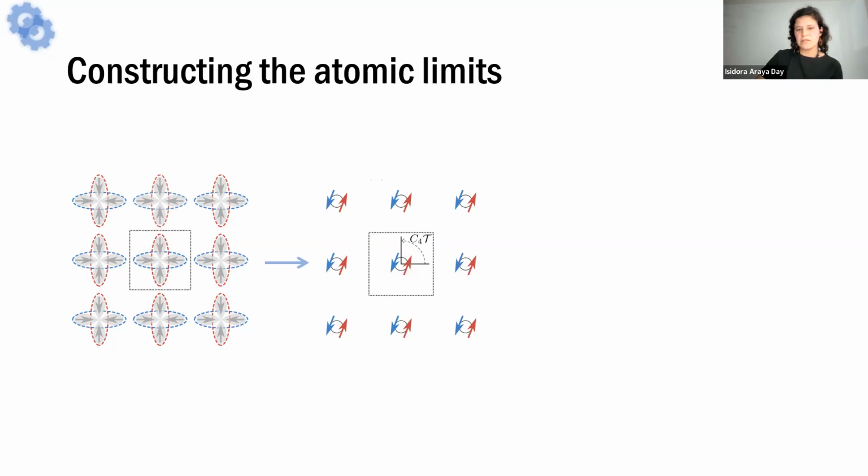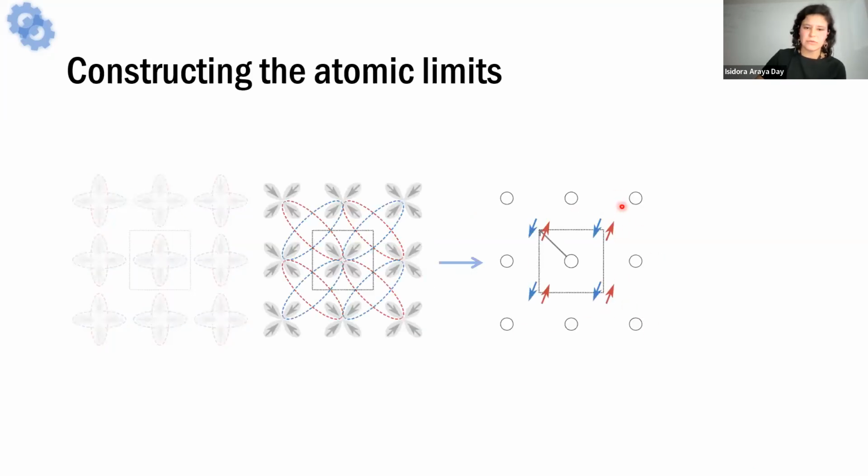Then to get the next atomic limit, for example, the other spin singlet, we can couple spin down and spin up, but from next neighboring unit cells, such that they localize in between diagonal unit cells. And then the same with the py orbitals.